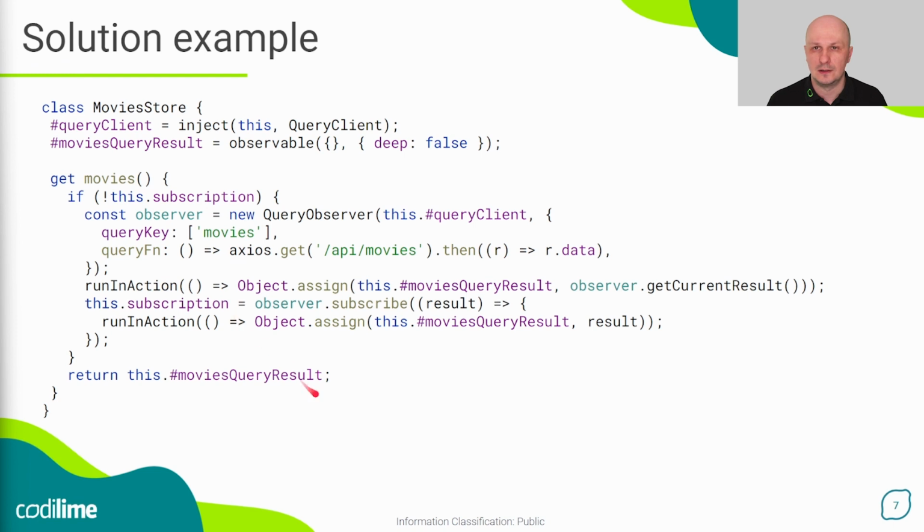Whenever those subscriptions have been started, we always return in this getter the movies query result. So we always get the same reference to the MobX observable state, which will be mutated at runtime when the data is coming from the backend.